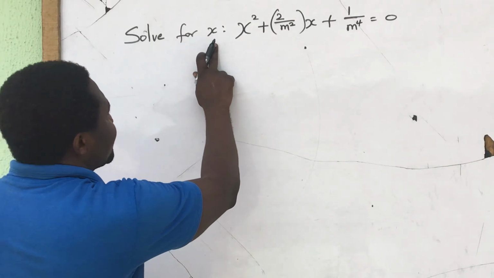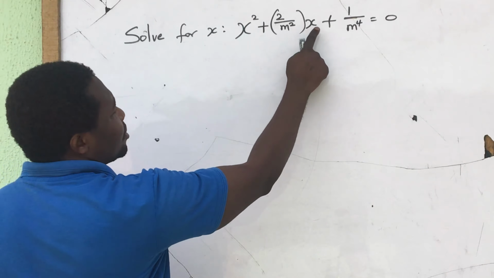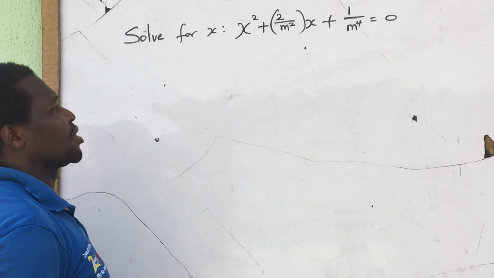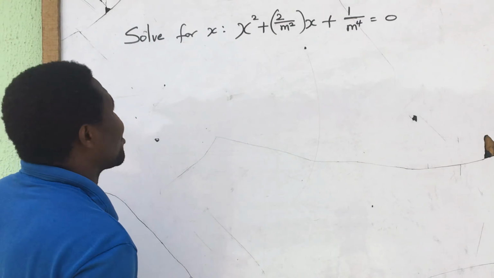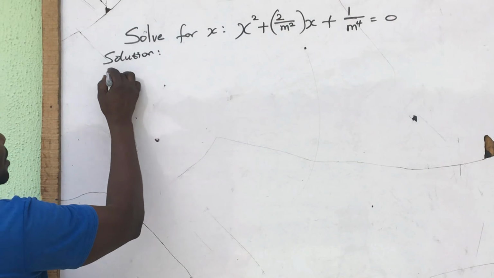Solve for x in x squared plus 2 over m squared x plus 1 over m raised to power 4 equal to 0. It's also a quadratic equation that's going to lead to a perfect square. Let's solve this together.